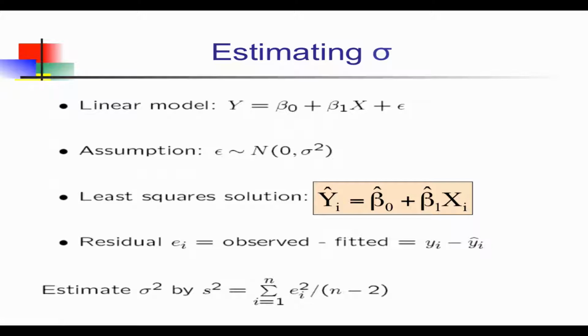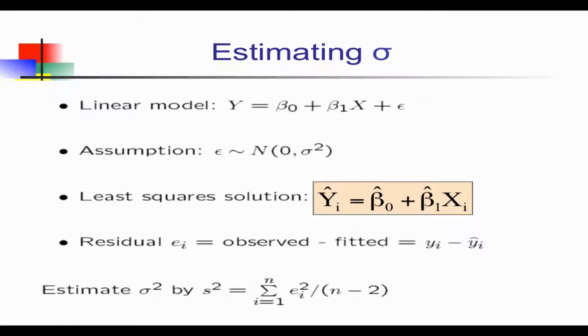So your residual on each observation is epsilon i hat equals yi minus yi hat. Just plug in the estimated beta 0 hat and beta 1 hat and plug in each xi. You get this distance, and this distance is epsilon i hat.